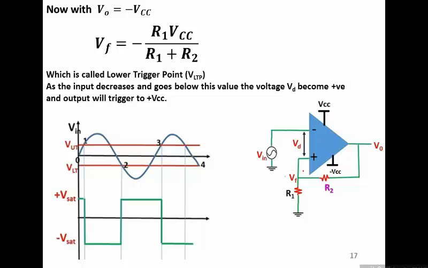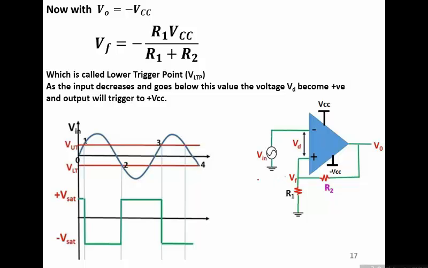This is because now this voltage becomes negative, and only when this terminal voltage is reduced and becomes lower than this negative level does VD become positive and the output go to plus VCC.